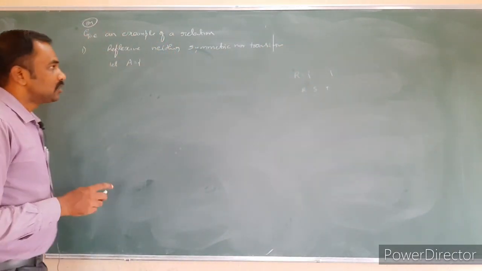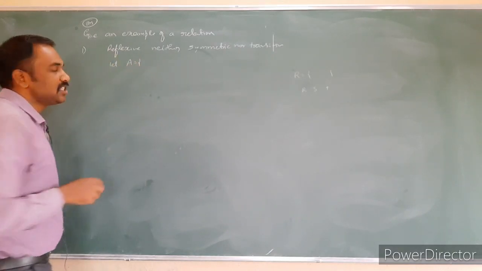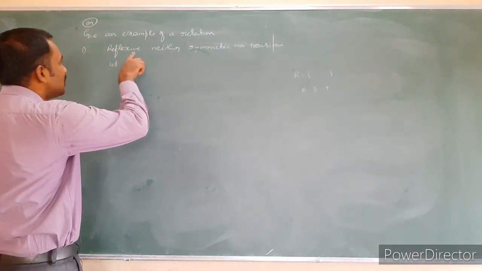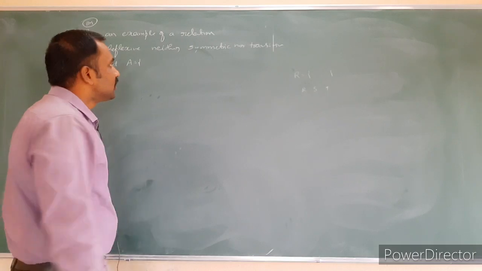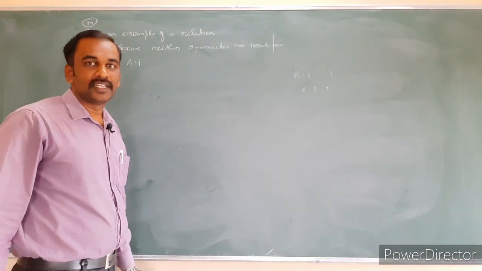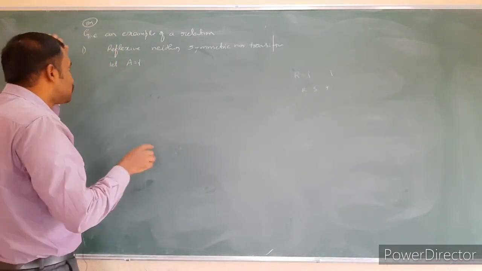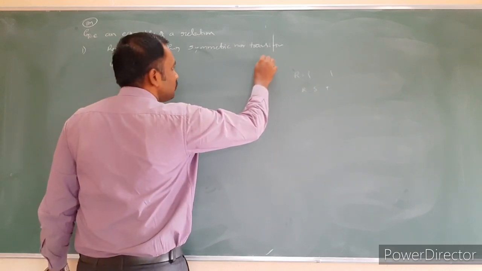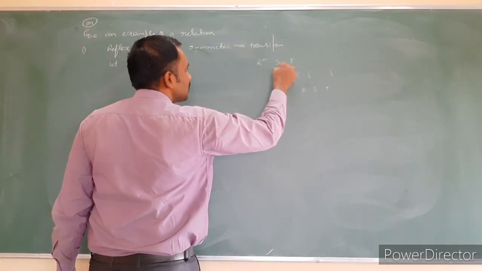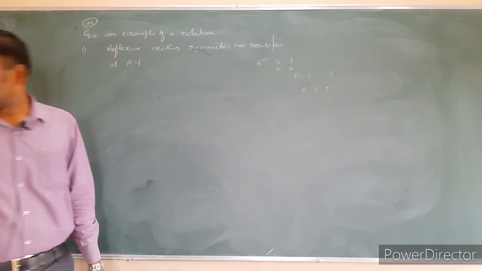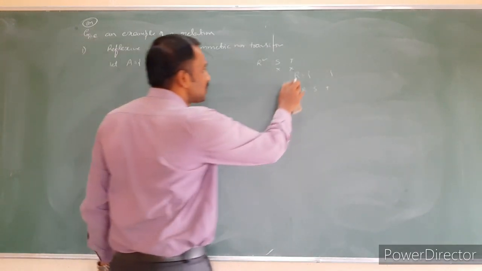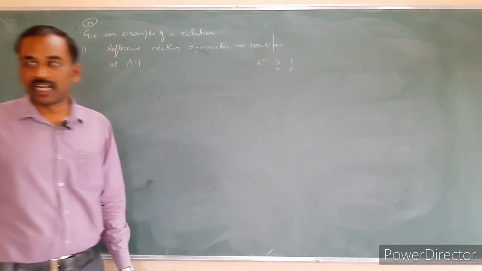What is the particular condition here? That relation should be reflexive, and it should not be symmetric, and it should not be transitive. On satisfying that condition, you just write one relation.